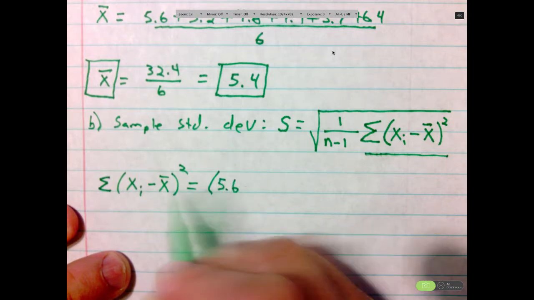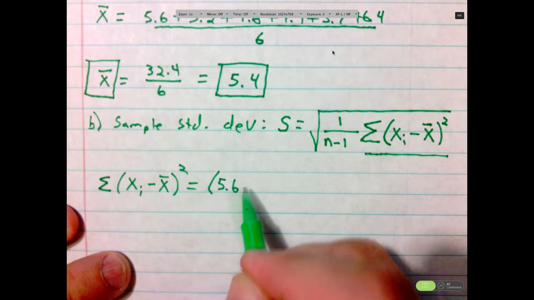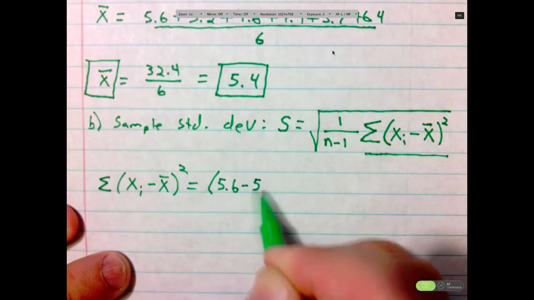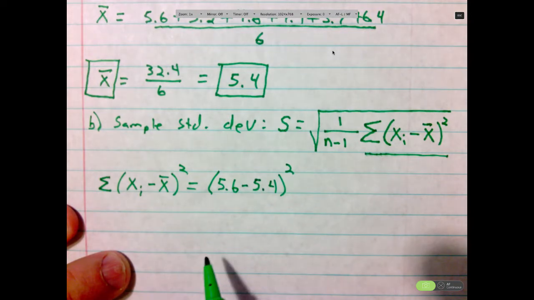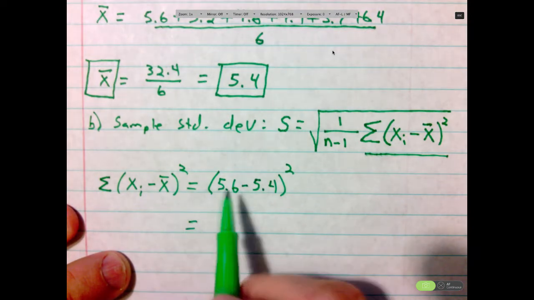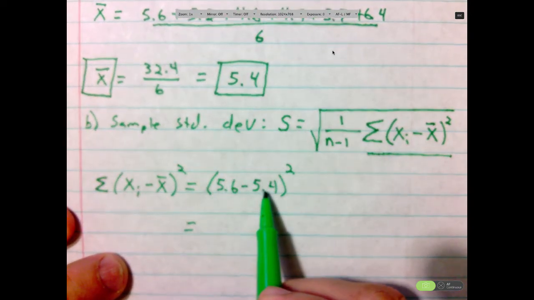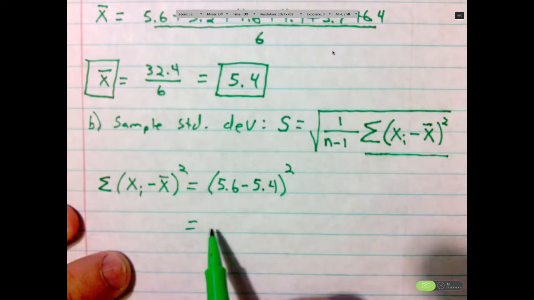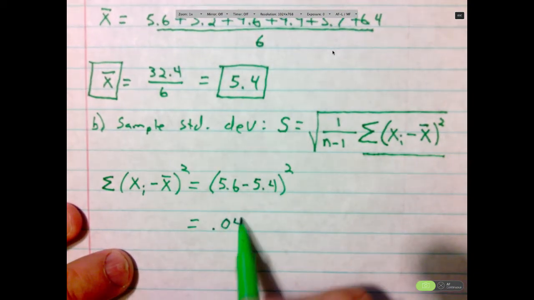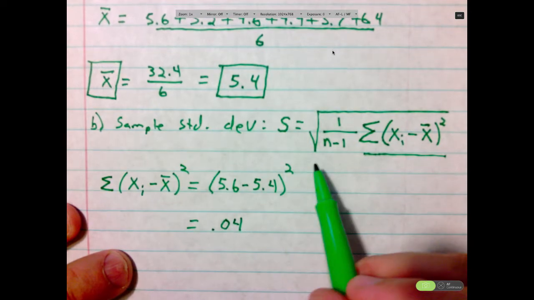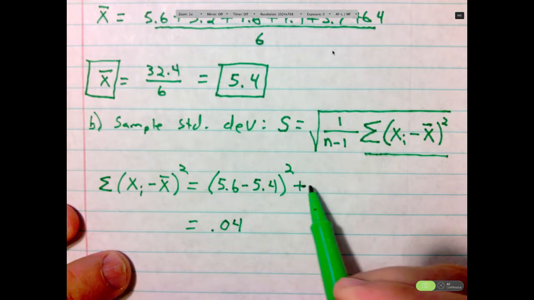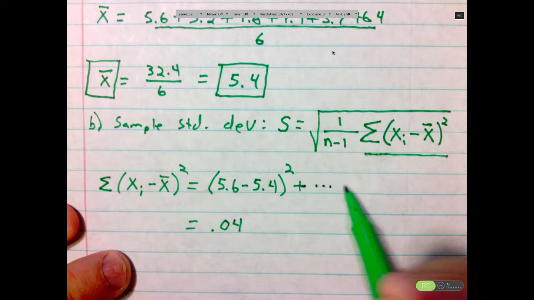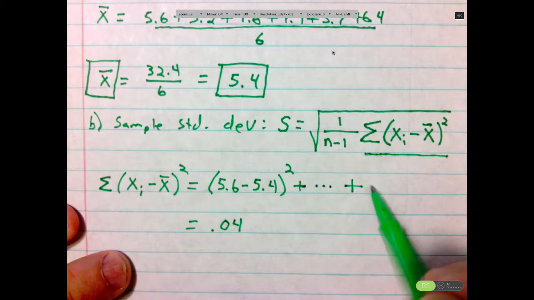Our X bar from the previous part A is 5.4, quantity squared. This quantity, 5.6 minus 5.4, is 0.2. 0.2 quantity squared is 0.04. Now, I'm not going to calculate each one of these. I'll leave that to you. I will simply write plus, dot, dot, dot, and then look at the final term.